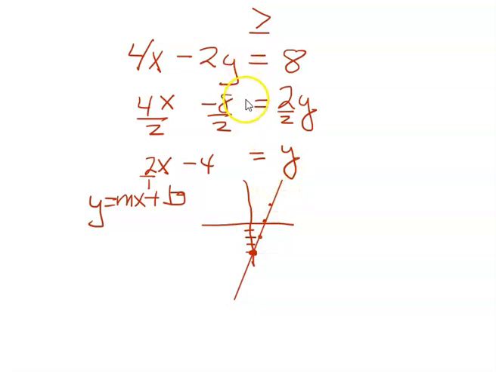Now, we're going to replace that equal sign with an inequality sign. Remember, we moved it to this side, so this was something that looks like this. And if we want to write this now, it's going to be y. Notice the point is this: y is less than or equal to 2x minus 4.